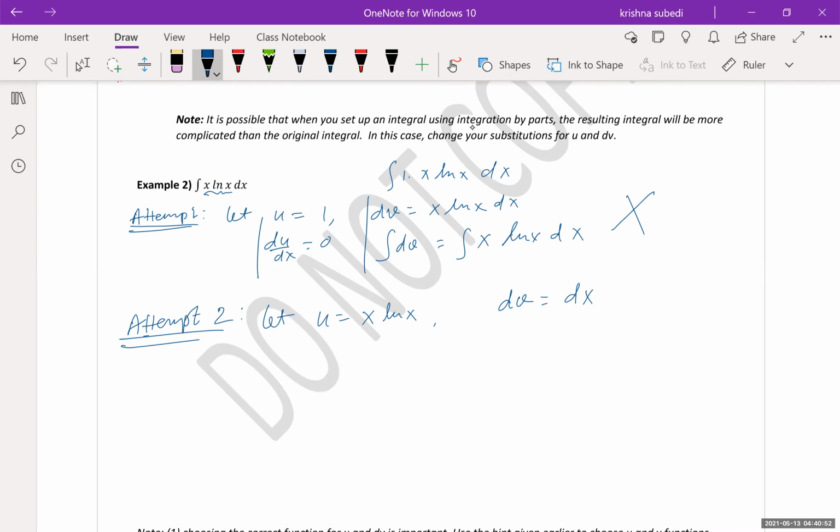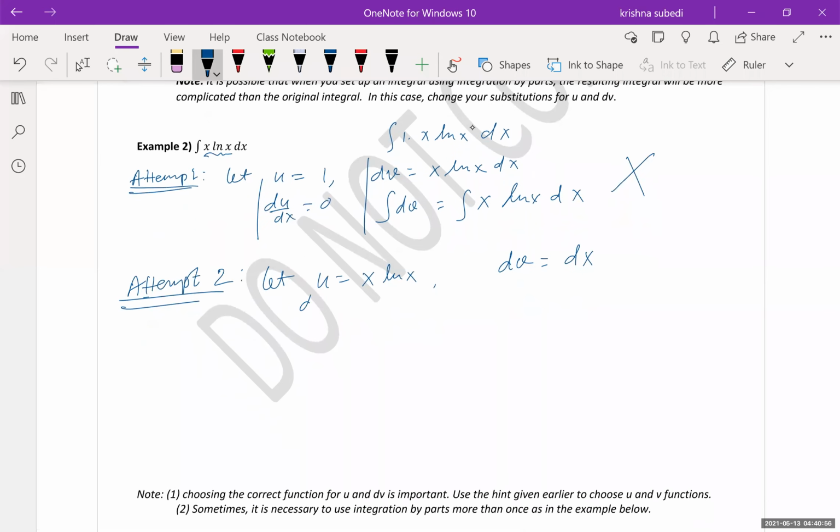Then what happens? Let's look at that. So we need to find the derivative. It's going to be du over dx. And if you find the derivative using the product rule, what do you get? Product rule: copy the first, find the derivative of the second, plus find the derivative of the first and copy the second.